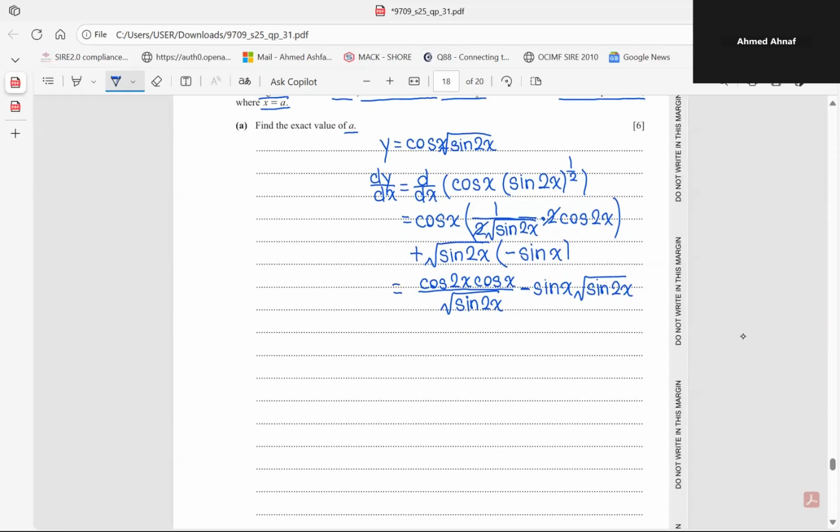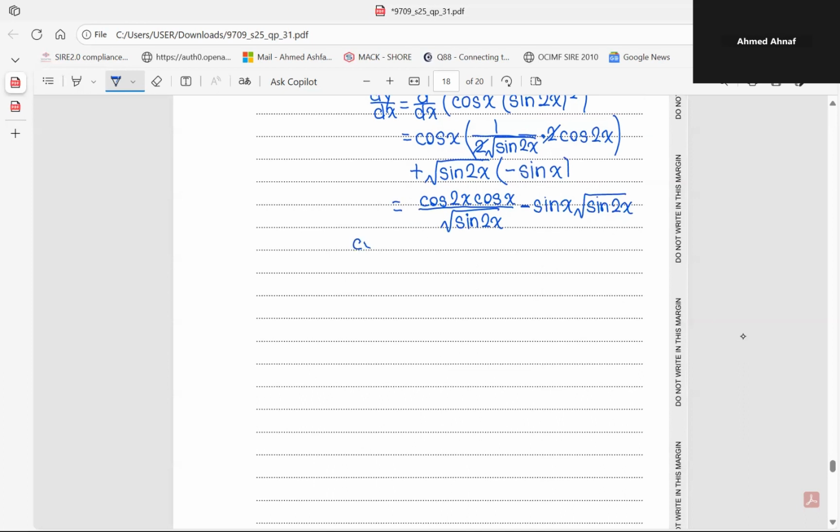Okay, now we have to equate our dy/dx to 0. Okay, in order to do that, let's first get rid of the denominator.